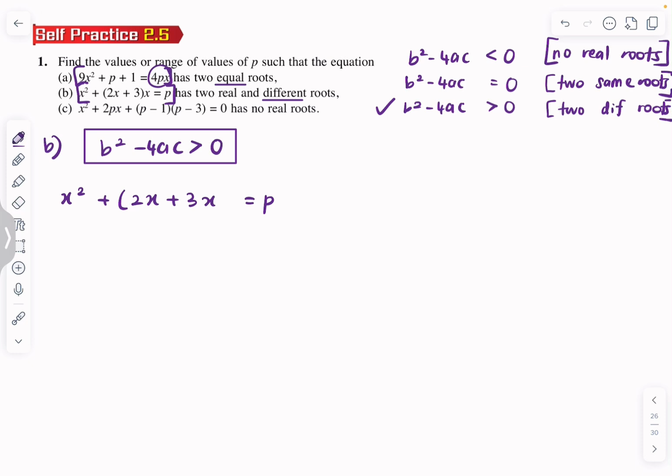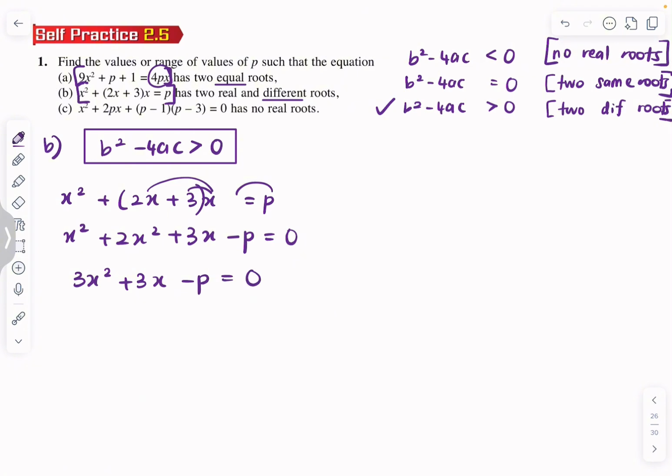This bracket is here. So we expand and then we rearrange. Here 2x times x is 2x square, 3 times x is 3x. P we bring here negative p. So 3x square plus 3x minus p equals to 0.